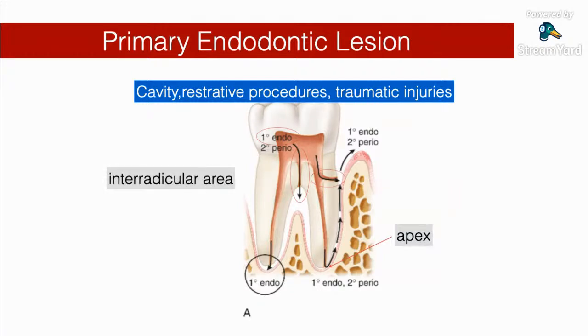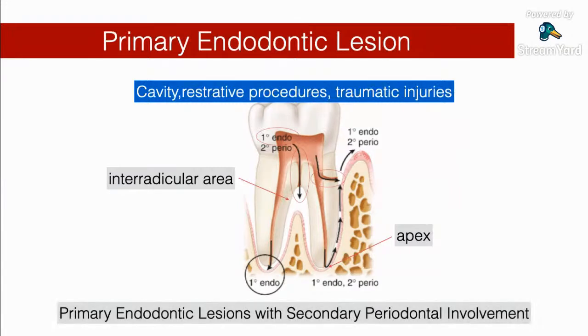Sometimes, if the inflammation occurs in the interradicular area, it is very difficult to distinguish from periodontal furcation class 2 or class 3 disease. When endodontic inflammation first involves the periodontal pocket, it is called a primary endodontic lesion with secondary periodontal involvement.